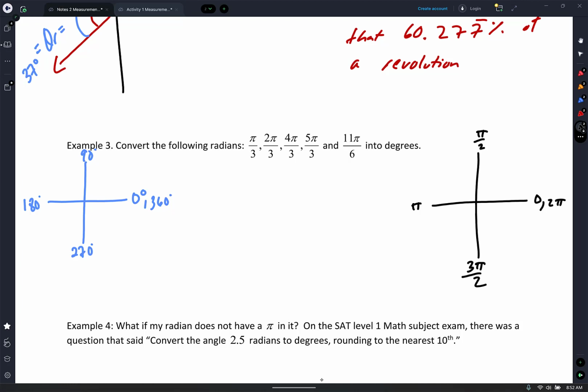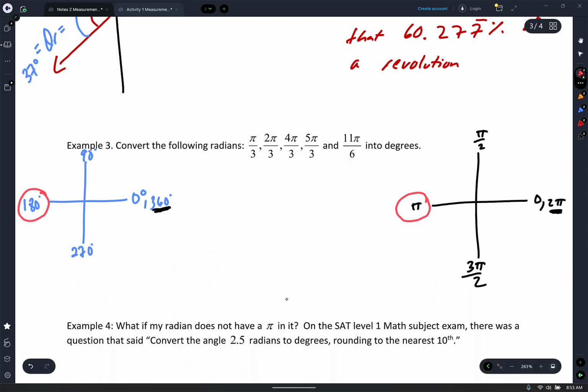So they want me to convert these radians to degrees. If I wanted to, I could say that 2 pi radians equals 360 degrees. We could. But the scale we want to use, you always want to use the smallest numbers because it's smarter to work with smaller numbers. So we're going to use this scale. 180 degrees is equal to pi radians.